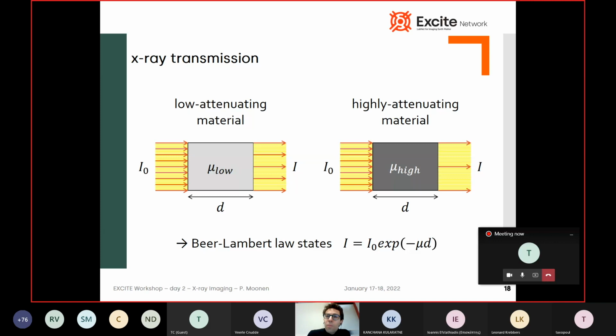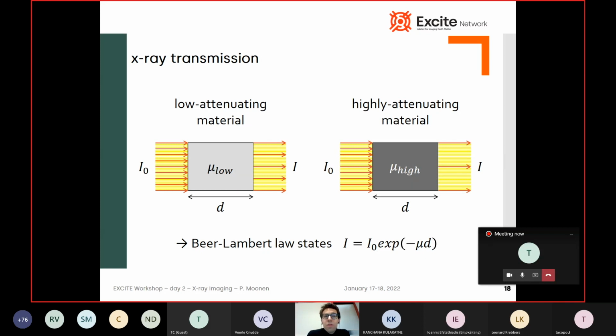The proportion of the beam that makes it through is expressed by the only law that I will speak about today, Beer-Lambert's law. It says that the intensity of the beam leaving your sample is proportional to the incident beam. If you do not have any incident beam, then obviously you do not have a signal behind your sample. And that incident beam is attenuated by an exponential function, where in the exponent you see mu times d.